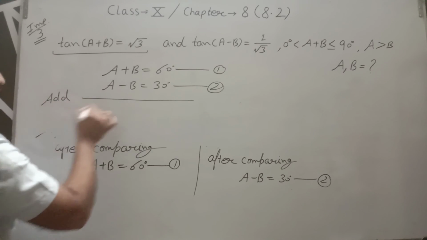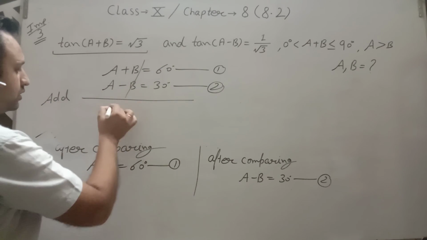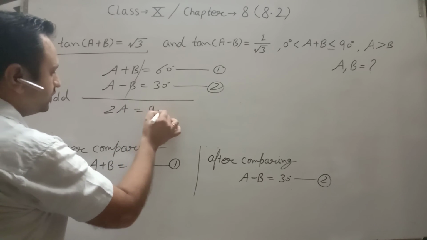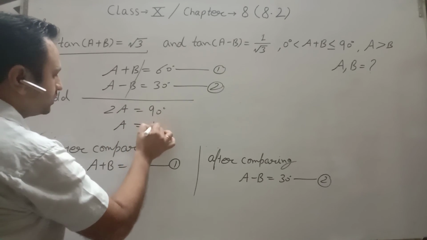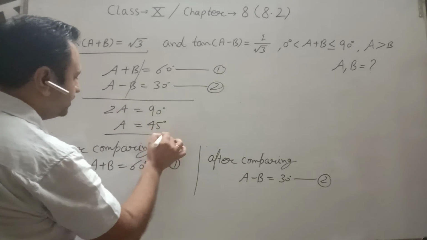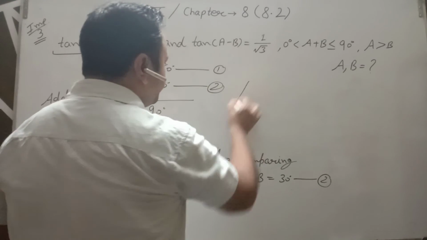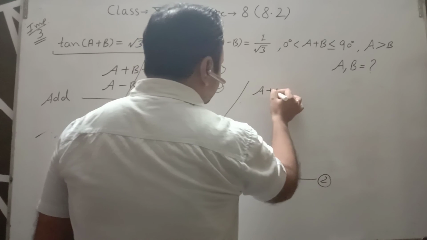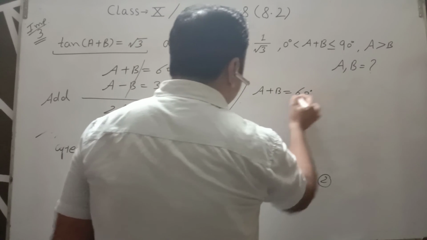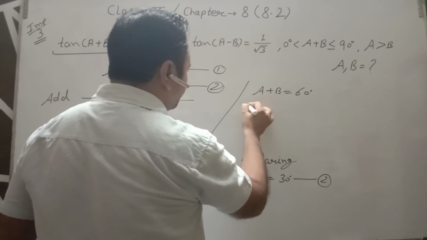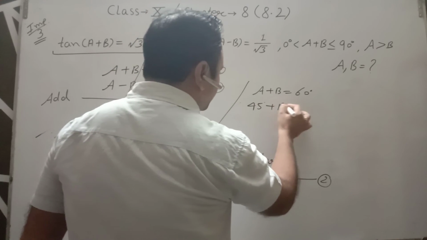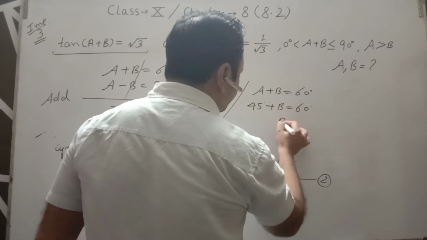Adding both equations, b and b cancel out, 2a equals 90 degree, and after calculation a is equal to 45 degree. Now we find the value of b. Just put the value of a in equation number 1. And after calculation, what value of b do we obtain?